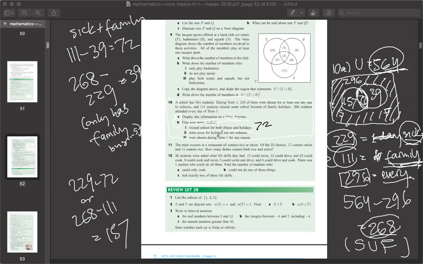Away for holidays but not sickness would be 32. Absent during term 1 for any reason would be the opposite of the non-absent people, so that's 268. Okay, that's it.